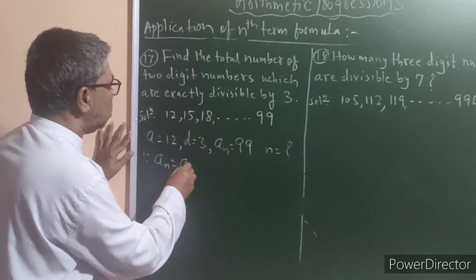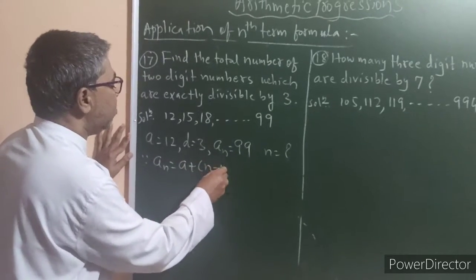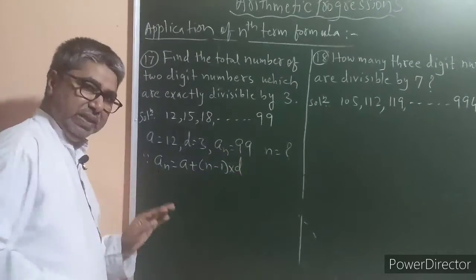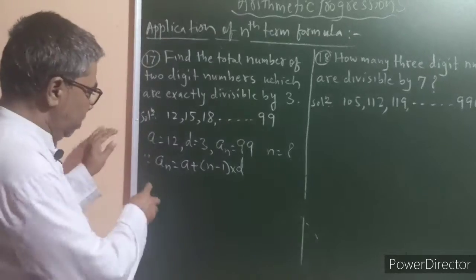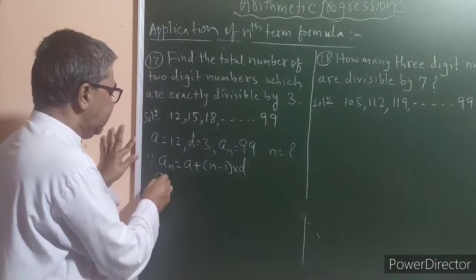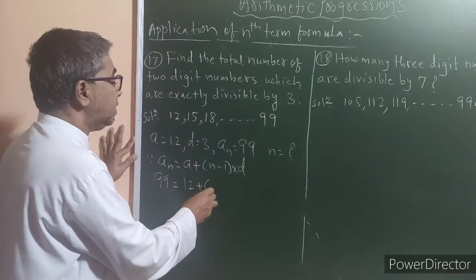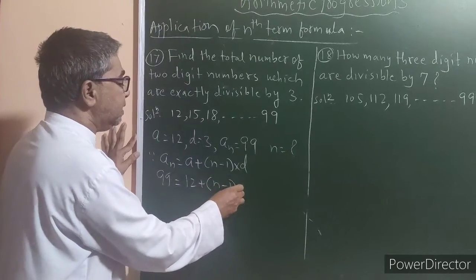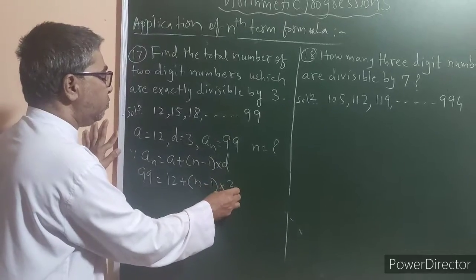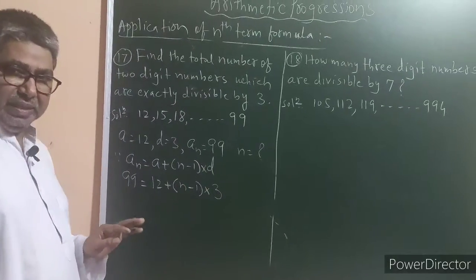Now after analyzing the statement of the example, let us write the formula. An is equal to a plus n minus 1 multiplied by d. Substitution of the values: an is 99, a is 12, plus n minus 1 multiplied by d, which is 3.